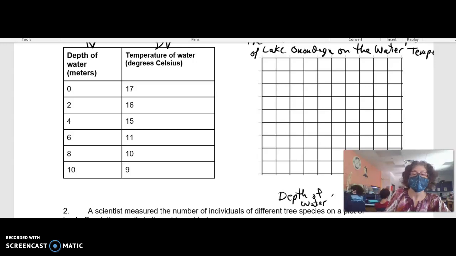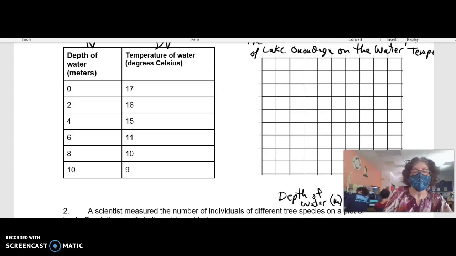And then make sure you include the unit meters down there. And you notice that I wrote it down low, so I have enough room to write my scale numbers here. Some of you were doing that too. You were writing your labels incorrectly, but then it interfered with the numbers you were trying to put there. So make sure you plan ahead and leave some room so you can put your numbers of the depths there.